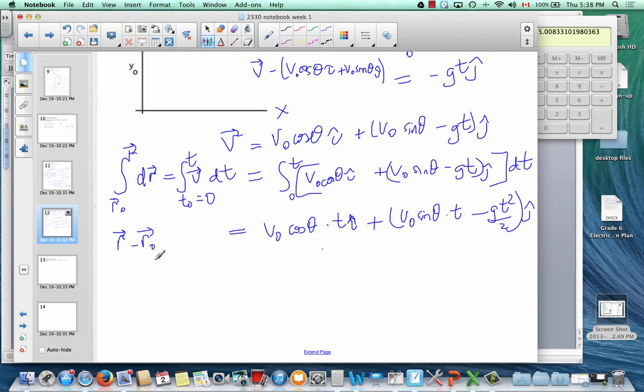I suppose the last thing we could do is we could put in the fact that the initial position in this case is simply nothing in the i direction, and it's y naught in the j direction. And if we wanted to solve for the vector r as a function of time, it just works out to be v naught cos theta t in the i direction. Bringing, this is minus r naught, so when you bring it over to the other side, it's positive y naught.